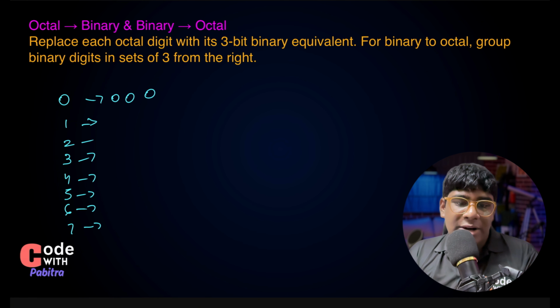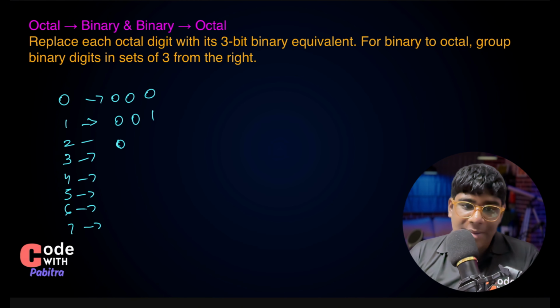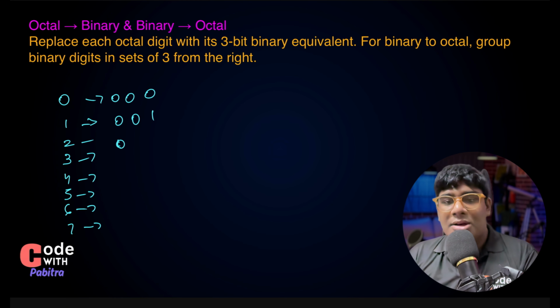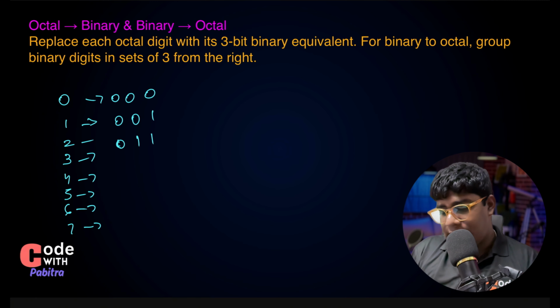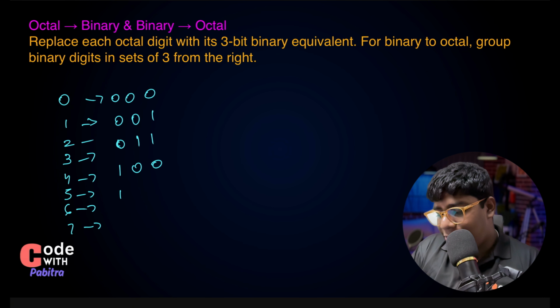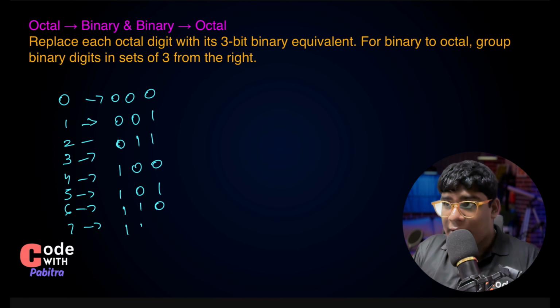This you have to learn. This memorization is very important for your conversion. So 4 octal means 100 in binary, 5 octal means 101, 6 octal means 110, and 7 octal means 111.